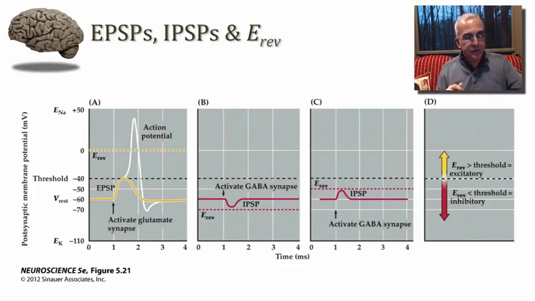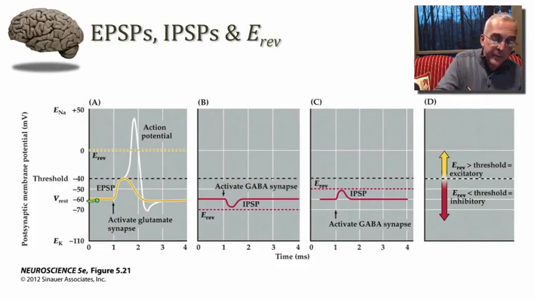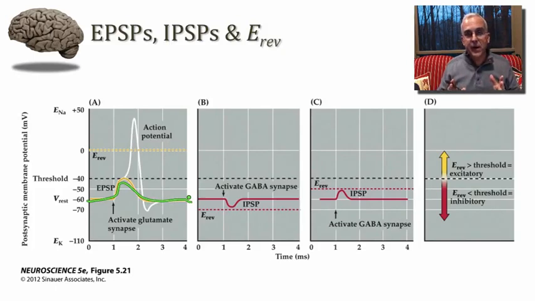And that's the story that we have here. If there is a single active glutamate synapse, even a very strong and powerful one, we may only see an excitatory postsynaptic potential of some modest value.